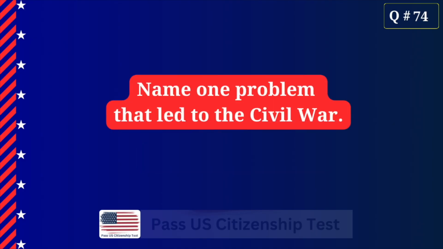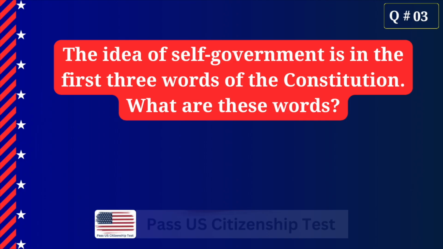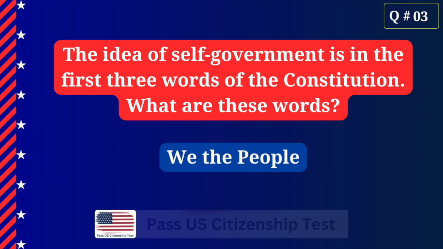Name one problem that led to the Civil War. Slavery. The idea of self-government is in the first three words of the Constitution. What are these words? We the people.